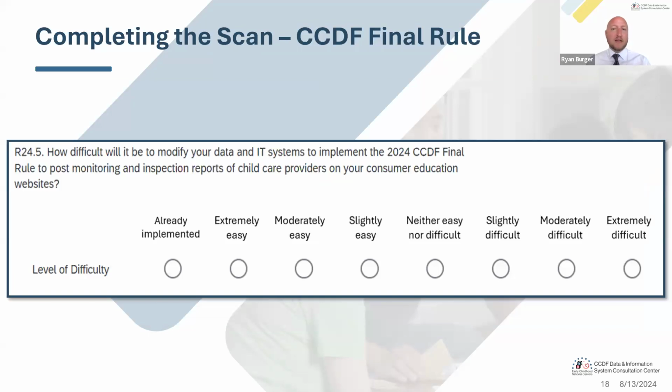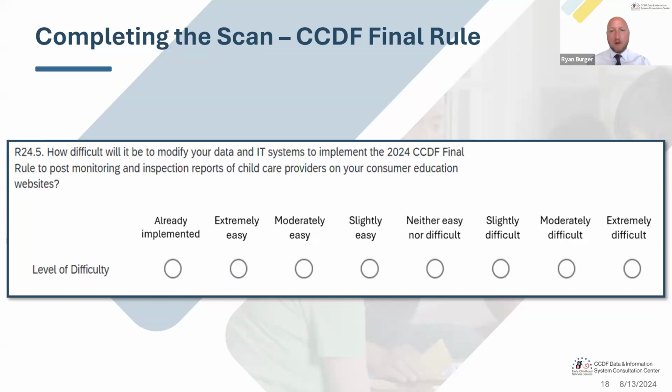Here's just a really quick example of a question asked in this section of the scan as it relates to the final rule. The questions in this section follow a similar Likert scale as many of the previous questions, but we just wanted to note that there's an additional selection on our screen. It's the left-hand response that will provide your opportunity to indicate that the effort has already been implemented.